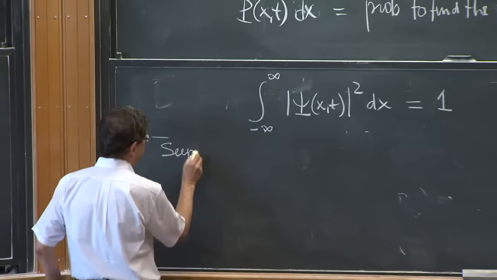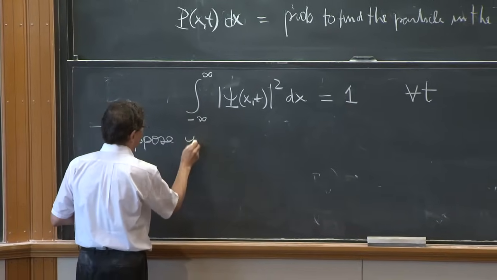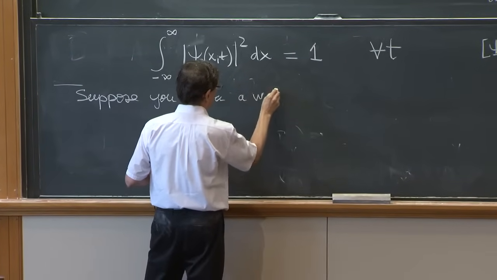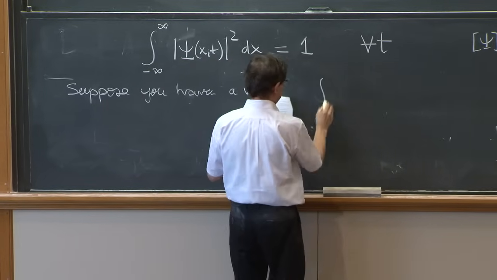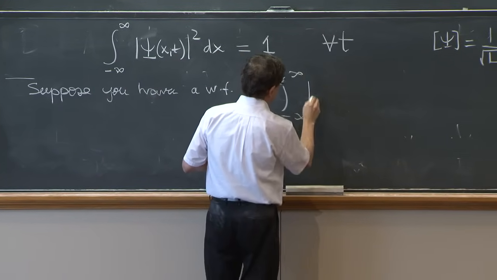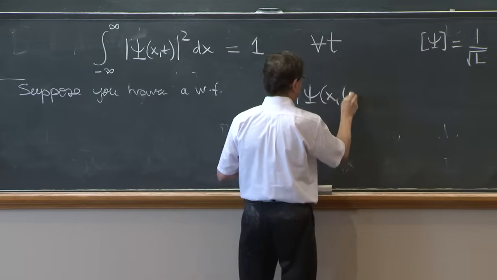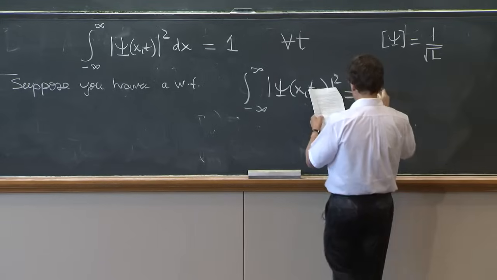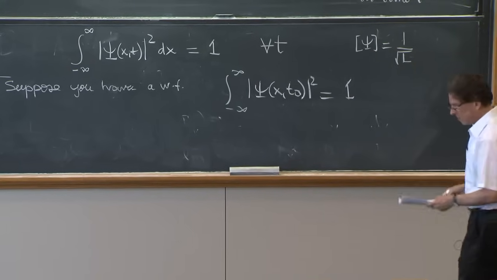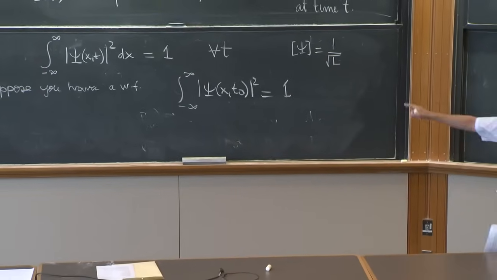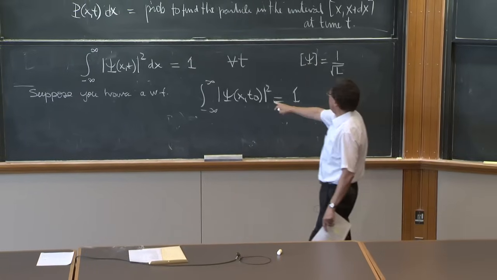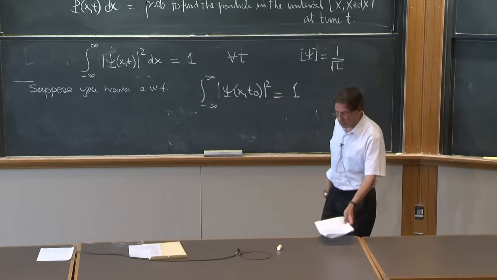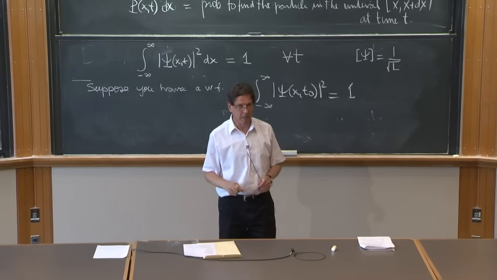Just simply ask the question. Suppose you have a wave function such that the integral of this quantity at some specific time is equal to 1. Will this integral be equal to 1 for all times, given that it is 1 at some given time?